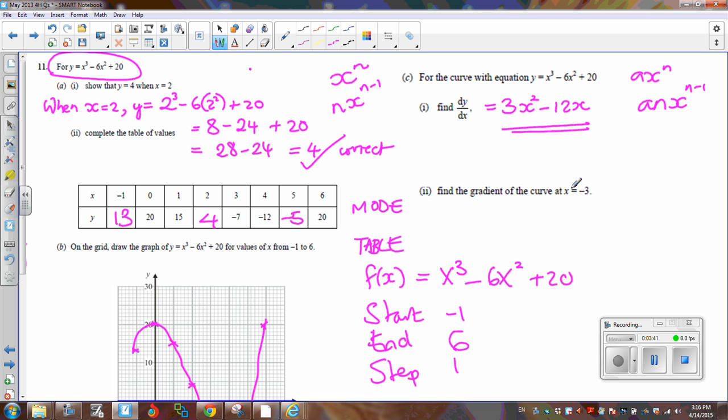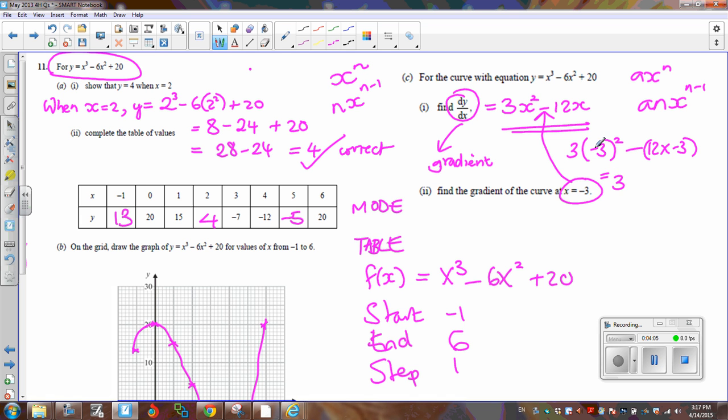Down here, we're asked to find the gradient of the curve when x is -3. Well, remember, dy by dx tells you the gradient of a curve. All you need to do is substitute in the x value into this equation. So you're going to do 3 times -3 squared minus 12 times -3. I'll put that in a bracket as well. You can do this on a calculator, but it's a bit fiddly.